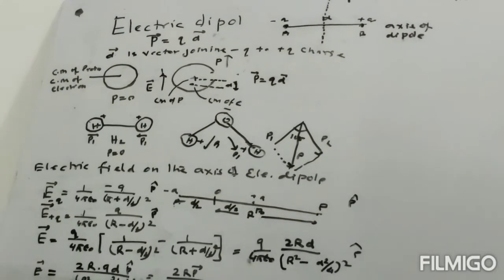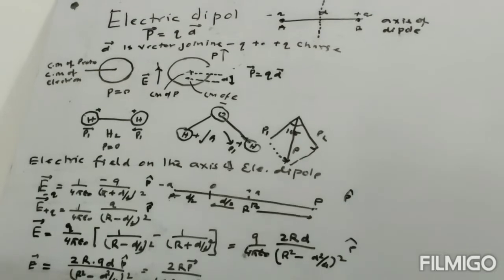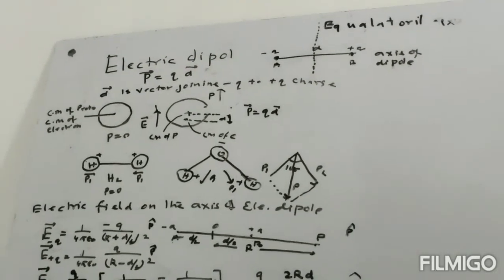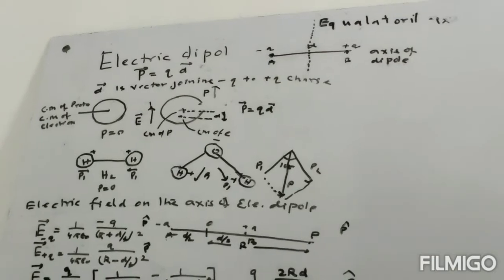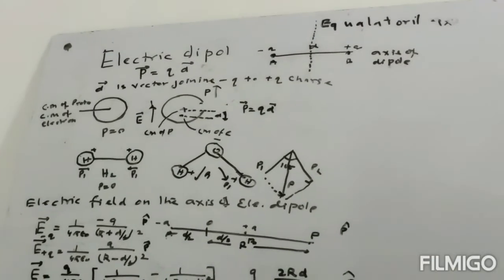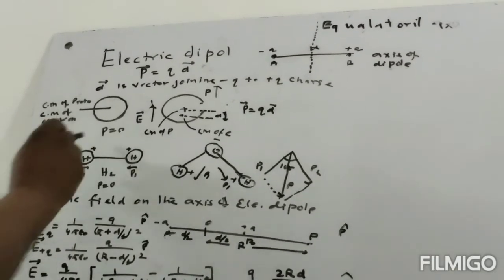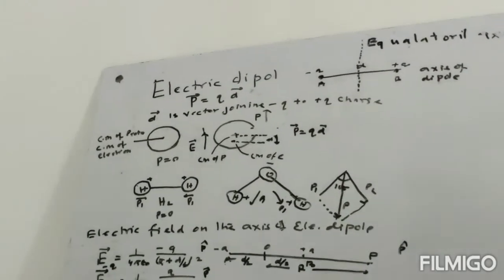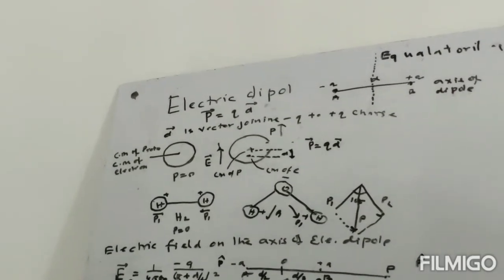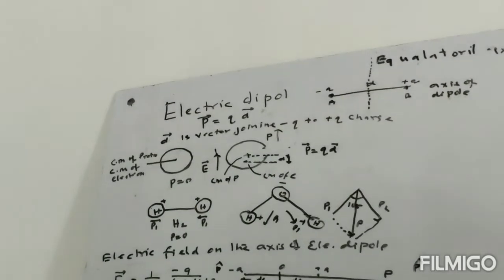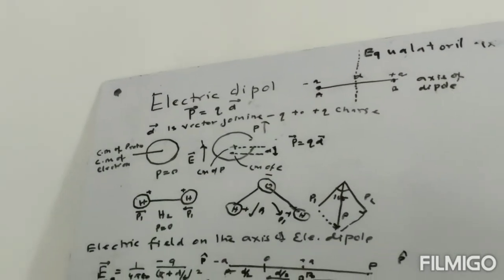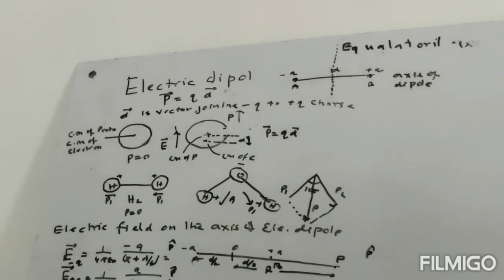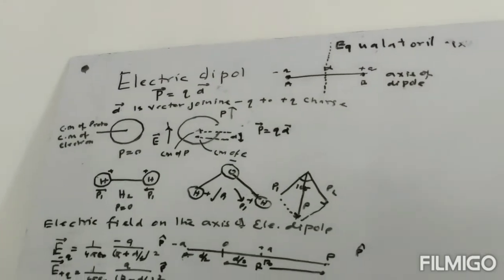Now, how to explain the electrical dipole, or the physical explanation of an electrical dipole. Now, we know that an atom consists of a nucleus with positive charge and electrons circulating around the nucleus. The charge of a proton is positive and the charge of an electron is negative.